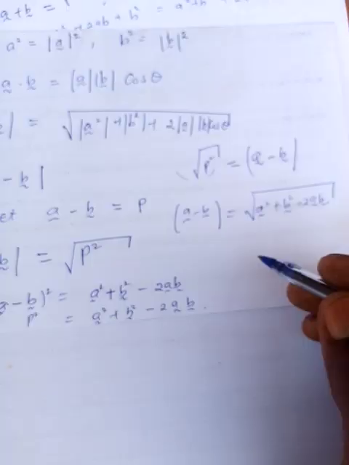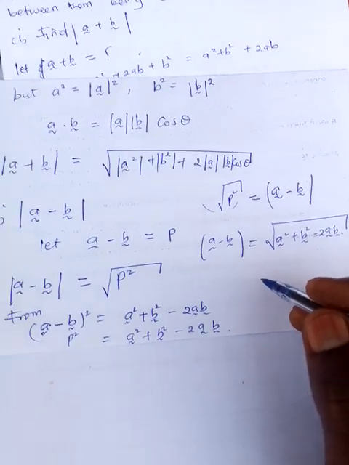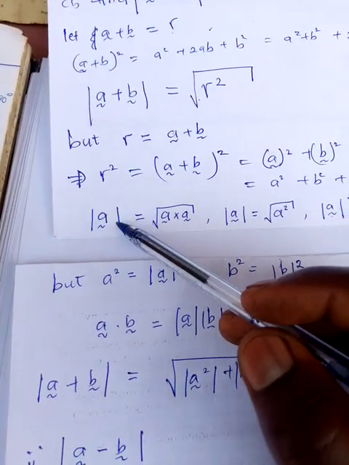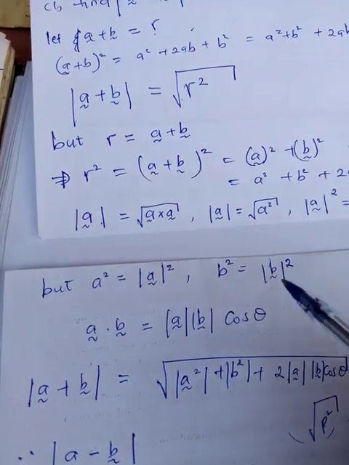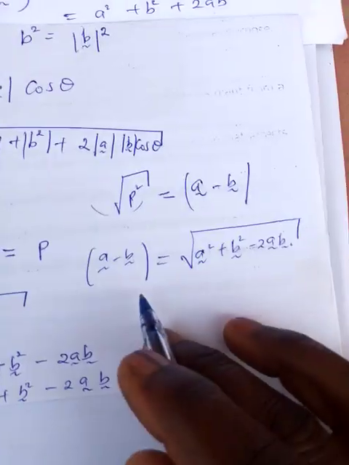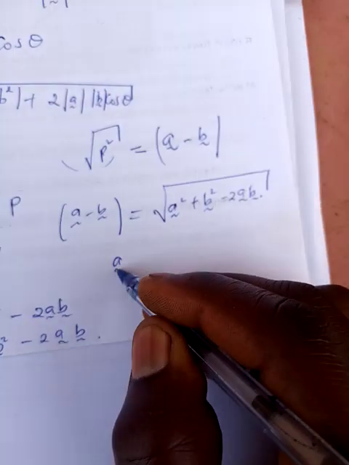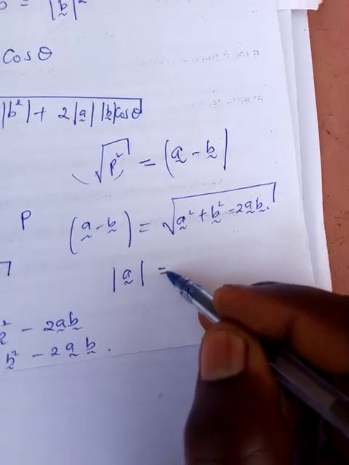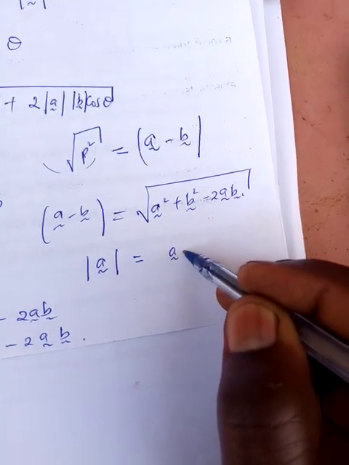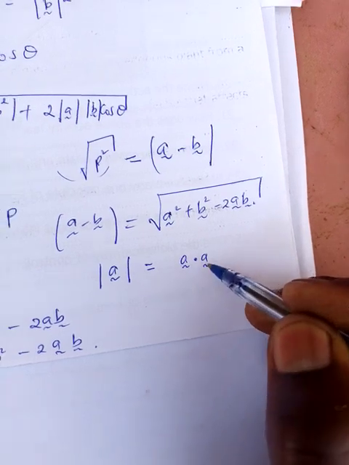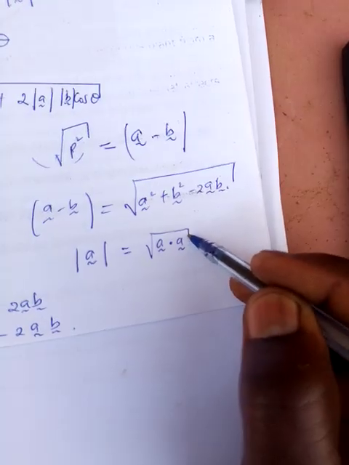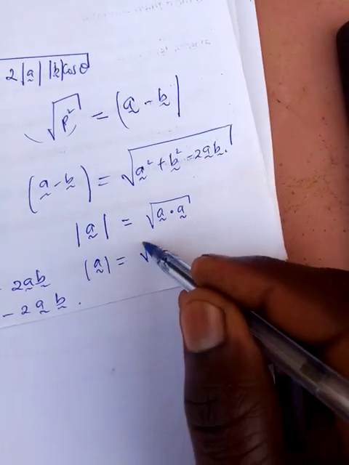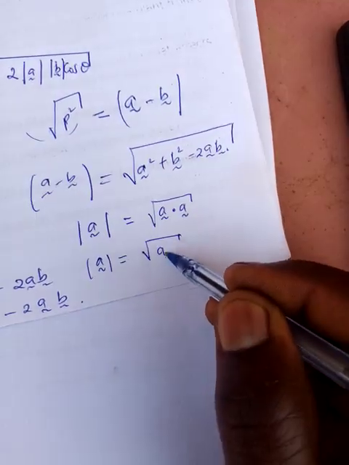As I told you, if you have vector a and you want to get the magnitude, it is the same as a times a, then you get the square root, which is the same as the square root of a constant a squared.